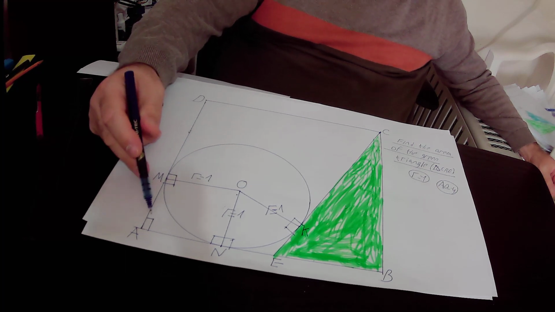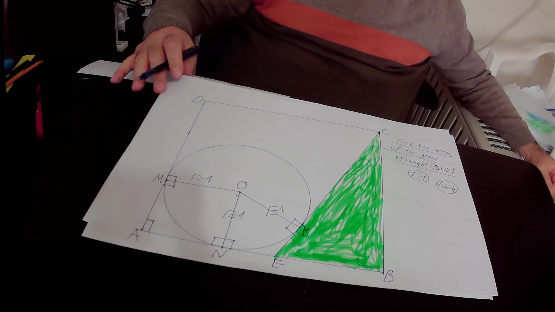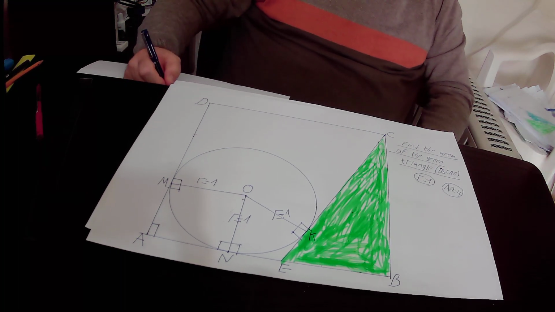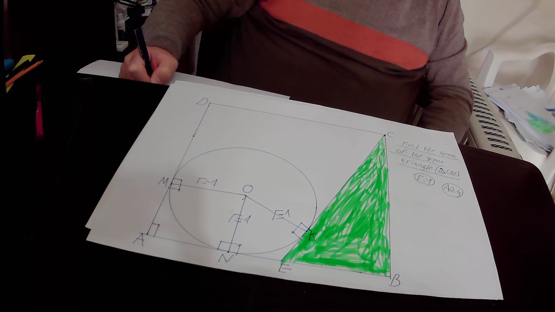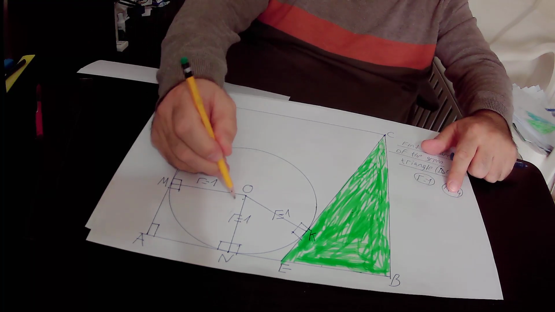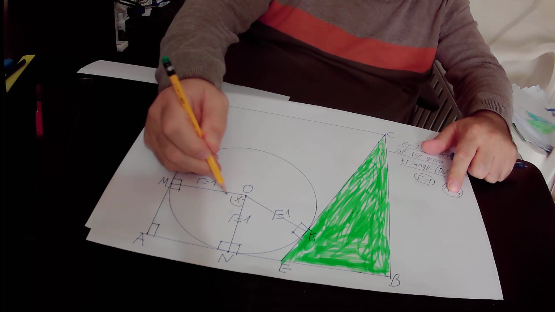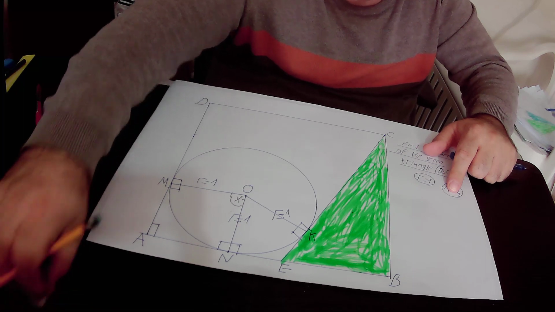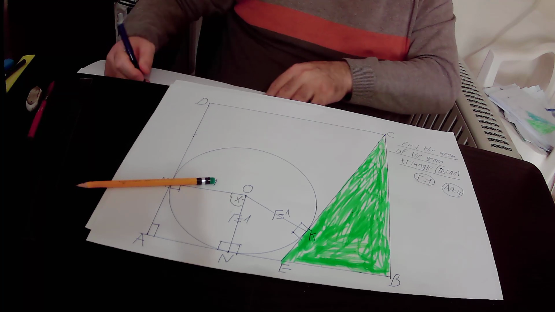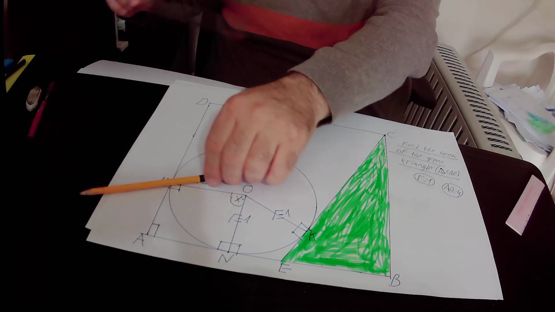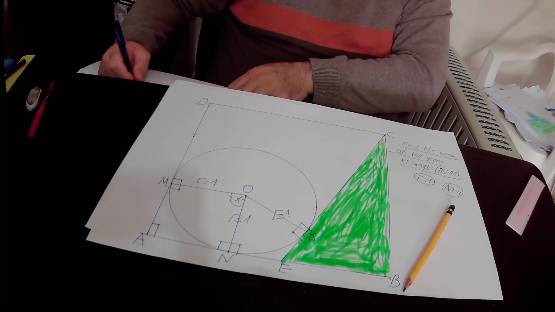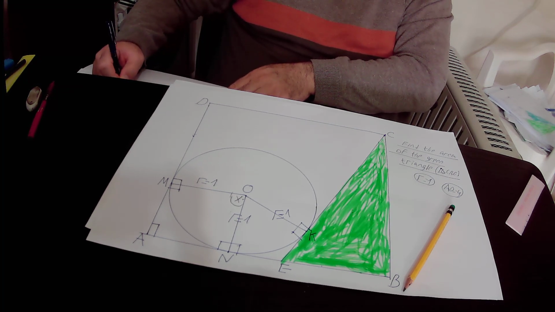We have 1, 2, 3 right angles. The sum of 3 right angles is 90 times 3, which is 270 degrees, plus the size of this angle that we will define as angle X. So the sum of those 4 angles must be equal to 360 degrees according to rule number 2.